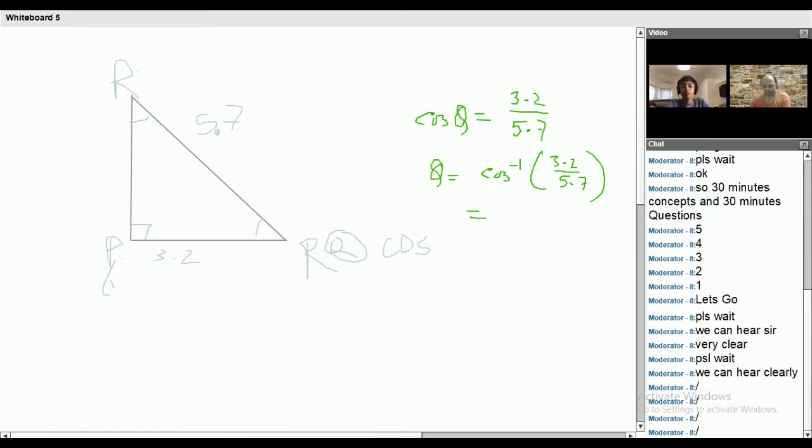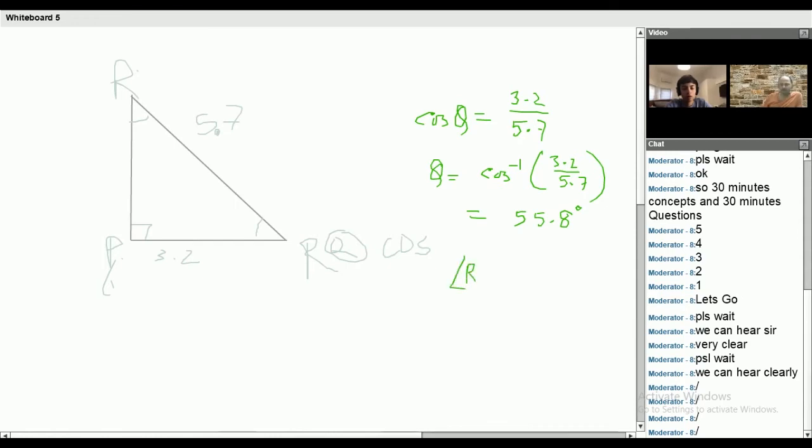Okay, so you got 55.84. So what we can do, like 55 point, let's say 8, if we consider one decimal place. Okay, so what about the remaining angle, angle R?